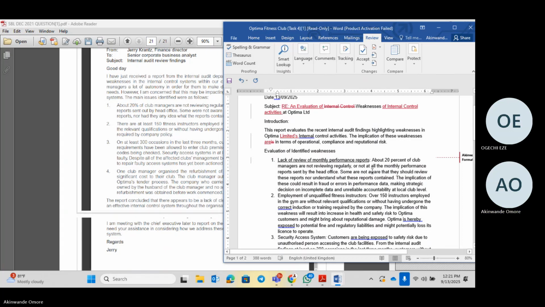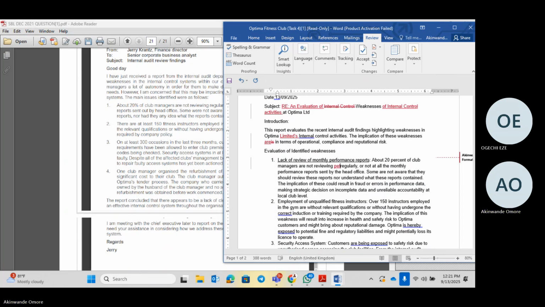They are not reviewing the performance reports regularly. Okay, she said it, but she just added something to it. Or not at all the monthly. No, this is a complete statement. Regularly.